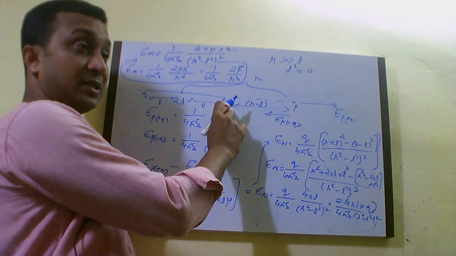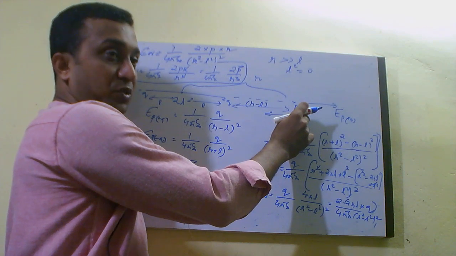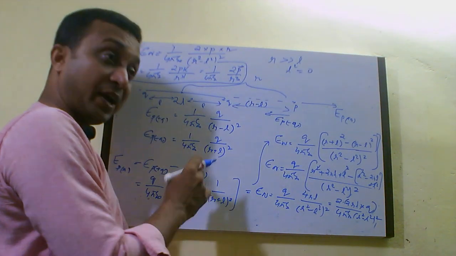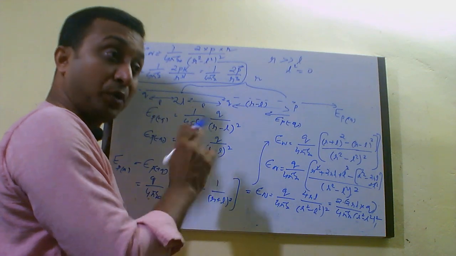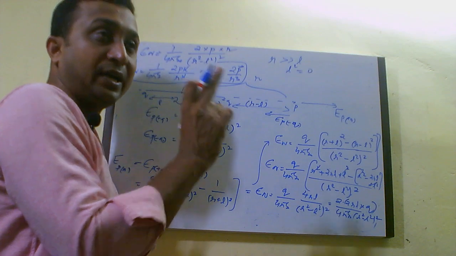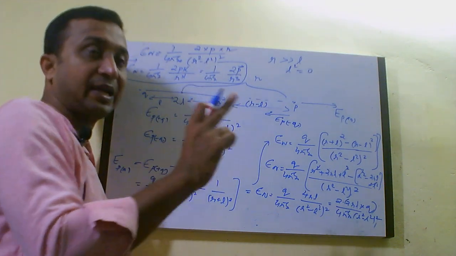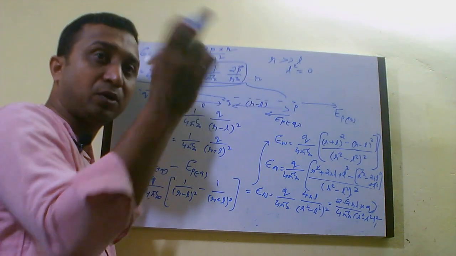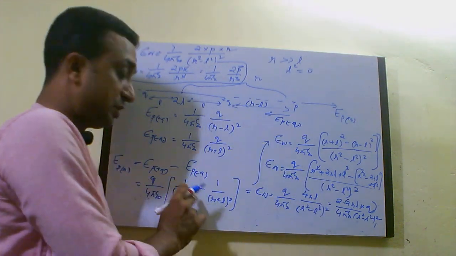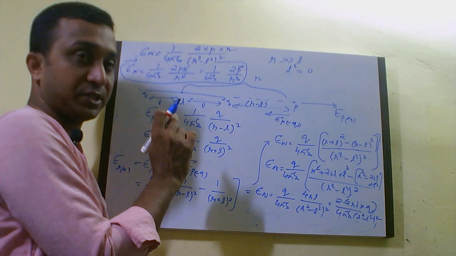Why minus? The positive charge is closer, so its field will be more compared to the other. You subtract. Why have I not chosen the negative Q there? Because I am only concerned about the magnitude. If you put the negative sign, it also includes the direction. Here I am only concerned about the magnitude, so I have not taken the negative Q in the equation.